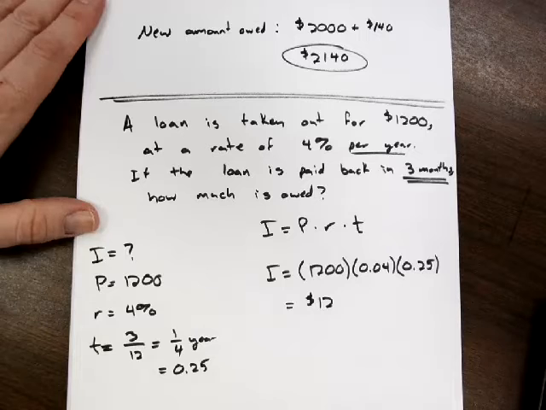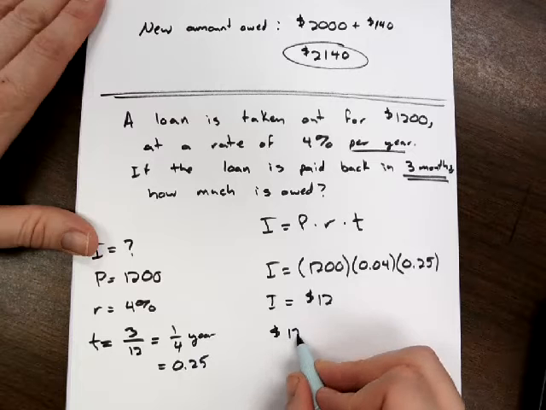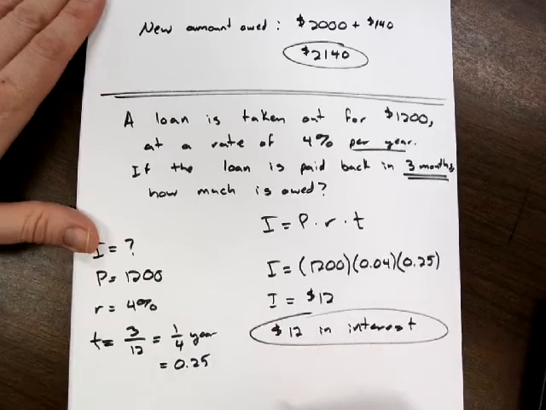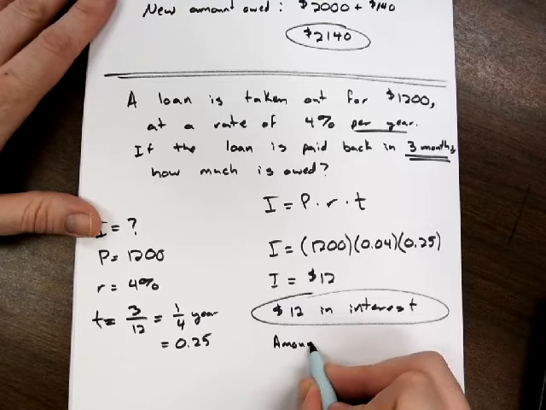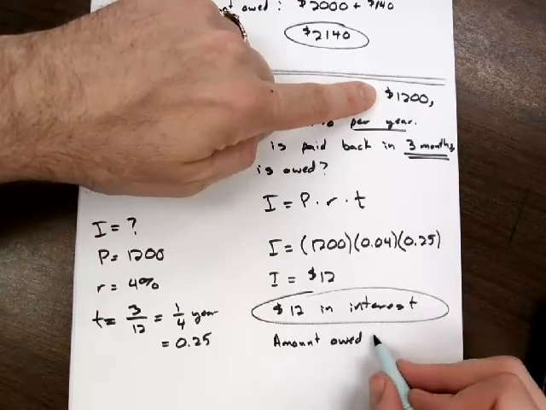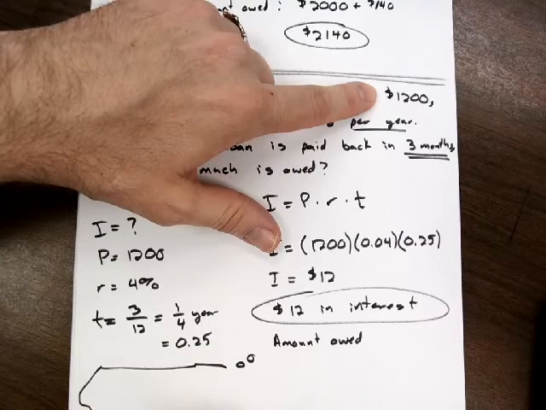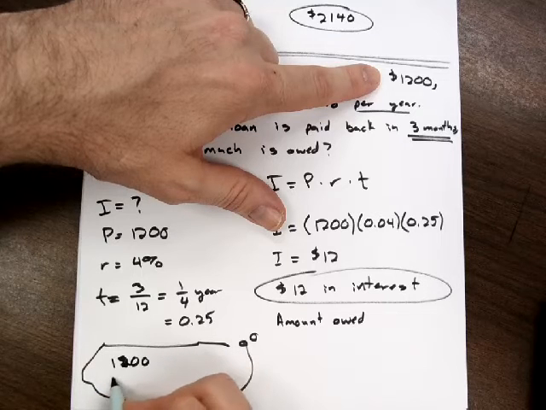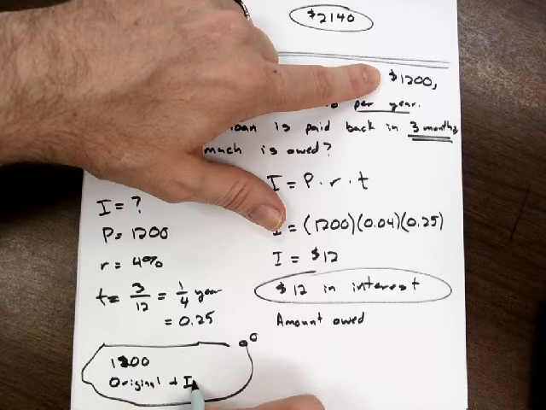So it means that I've got $12 in interest, which means that the amount I owe is going to be this 1,200, my original, plus my interest of $12.